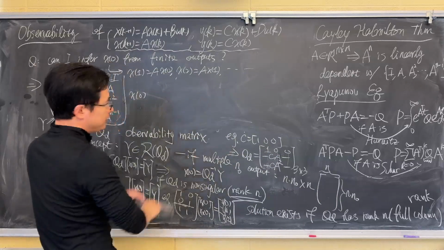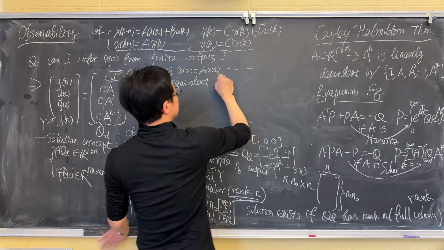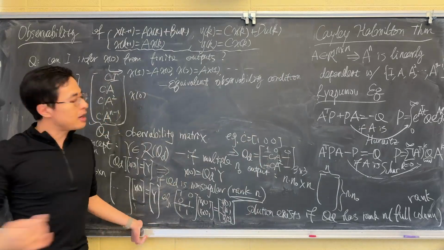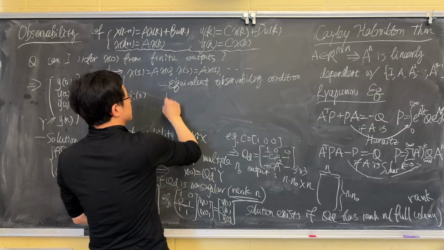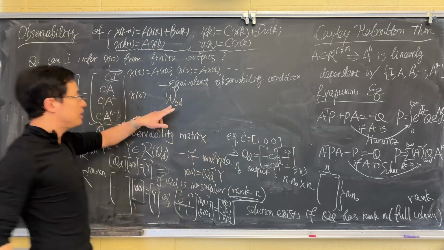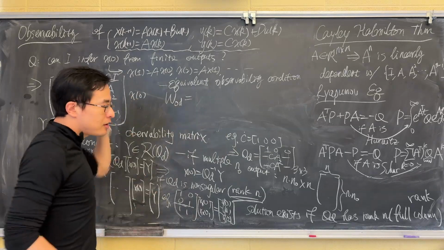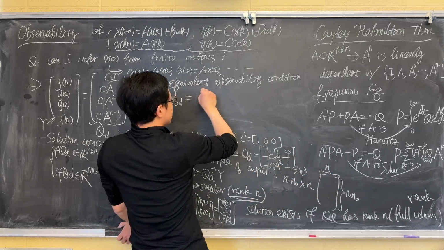We have an equivalent observability condition, which is the Gramian, the observability Gramian. I'm going to use W_O, observability Gramian, D in the discrete time case, which is QD transpose times QD, this potentially tall matrix.